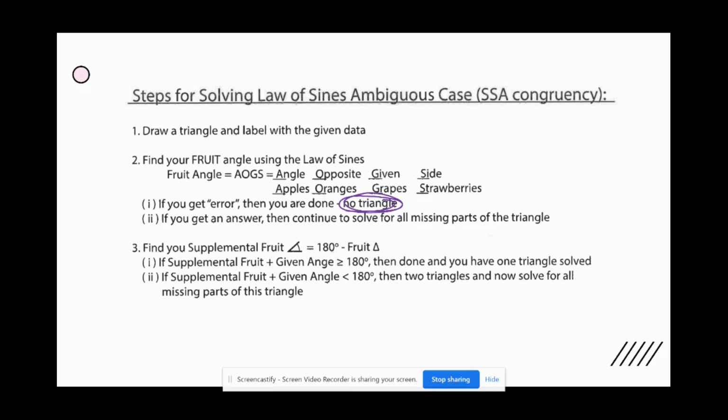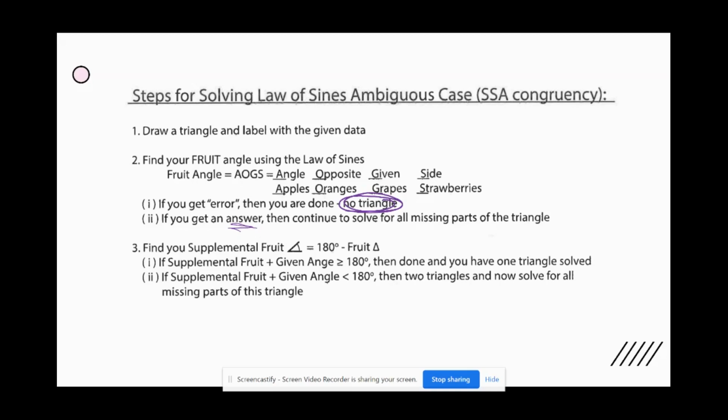When you get that initial answer, the supplemental angle is going to equal 180 minus the fruit angle. If your supplemental fruit angle plus the given angle is greater than 180, then you're done, you have one triangle solved. If it's less than 180, then you solve for all missing parts of both triangles, and you have two separate triangles. So remember, our solution is either no triangle, one triangle, or two triangles.